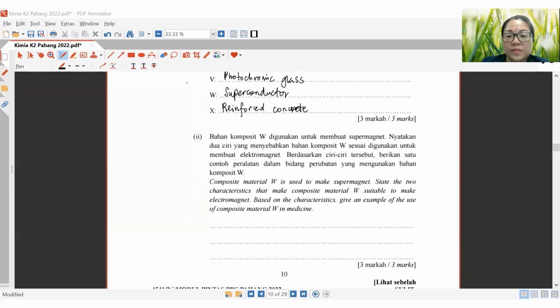Okay, so this composite material, because it's a supermagnet, all right, so it will be light. That's for point 1. Okay, for point 2, it has strong magnetic force.